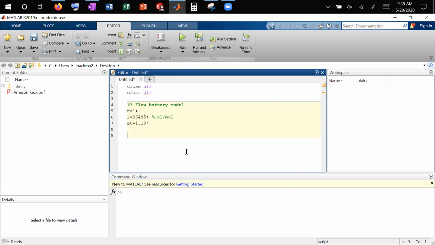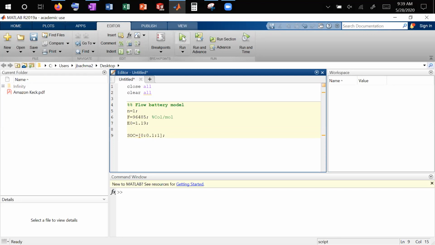And we need to make a state of charge vector. So SOC is going to be equal to, what do you write here? Like a vector from 0 by 0.1, 1. To remember some of my syntax on this.